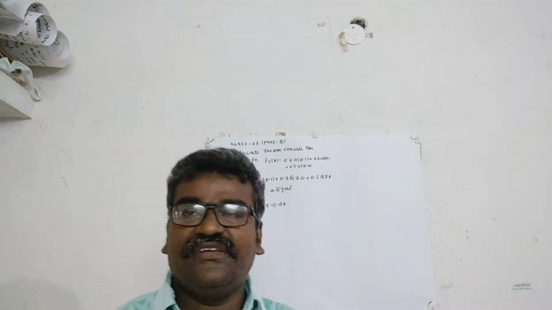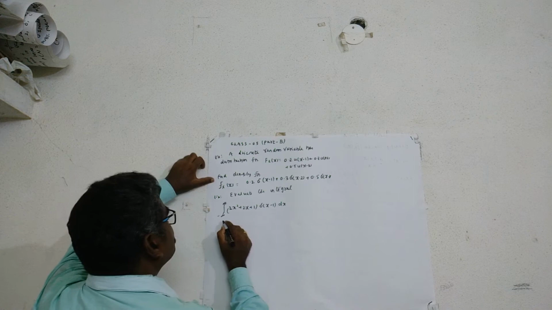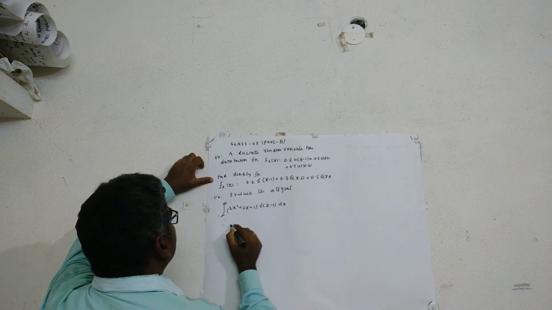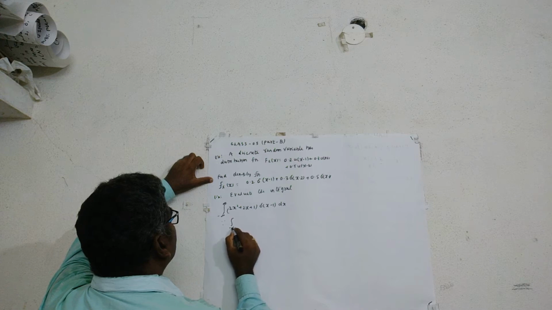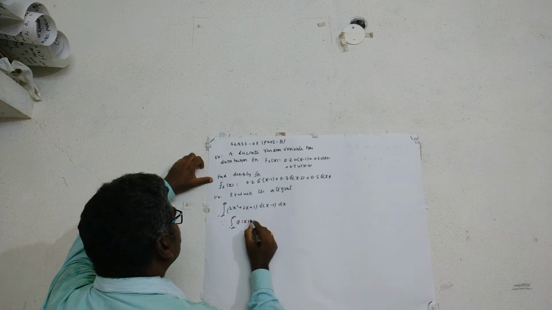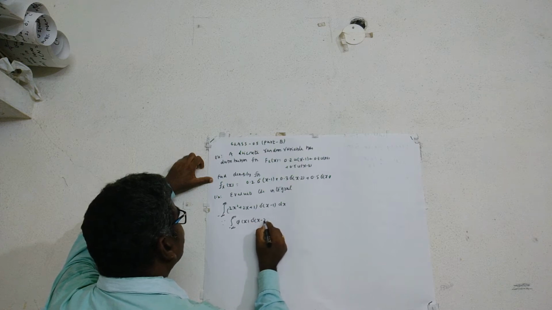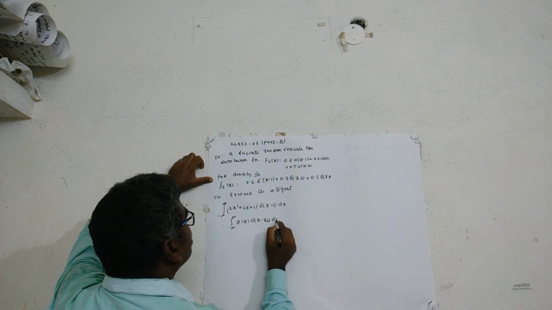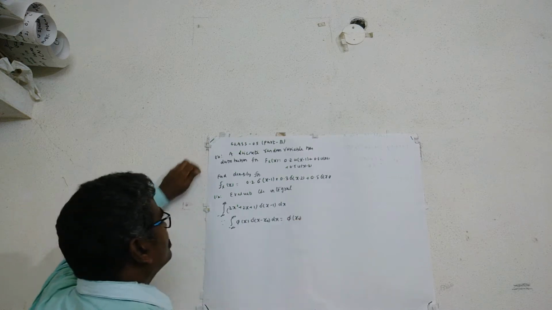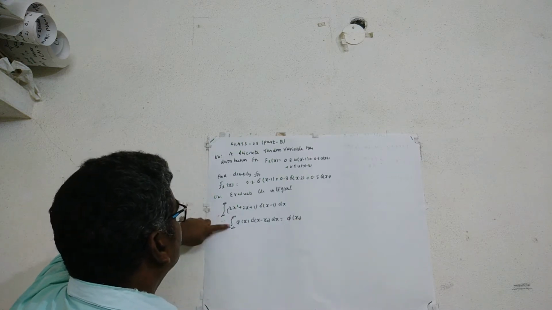Here we need to apply the integral property of the sampling function. What is the integral property? Since the integral from minus infinity to infinity of phi(x) delta(x minus x naught) dx is equal to phi(x naught), we have to apply the same notation for this equation.